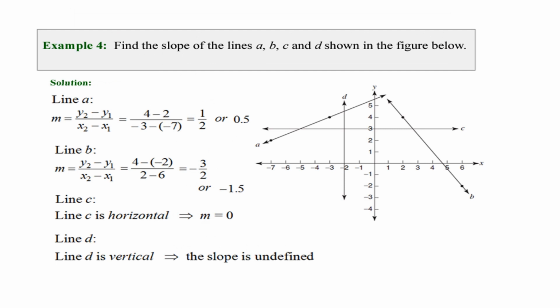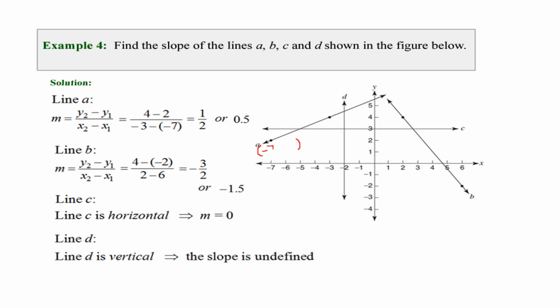Next, we have a picture representation and 4 lines are mentioned in the figure, and we need to find the slope of the line. The first line A, they mention 2 points. So first we need to identify the coordinate points. What is the coordinate point of the first line A? The point meets the x-axis at negative 7.